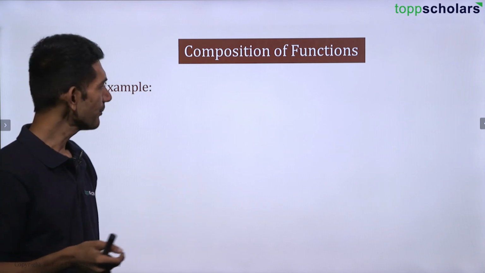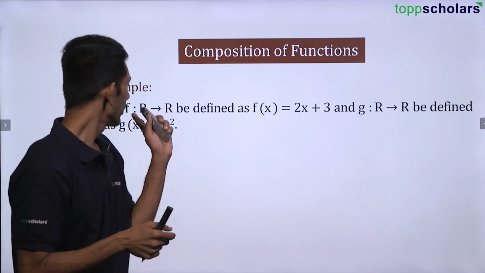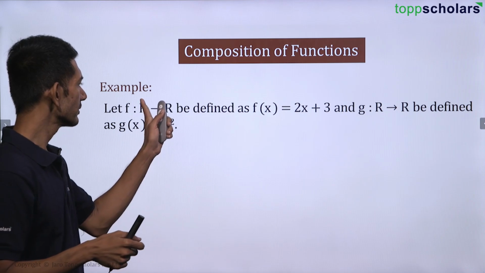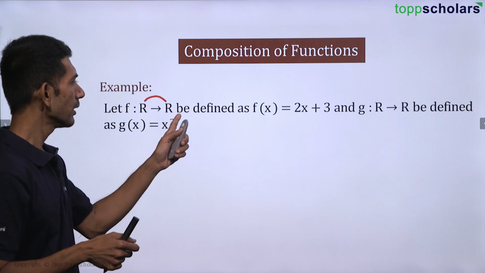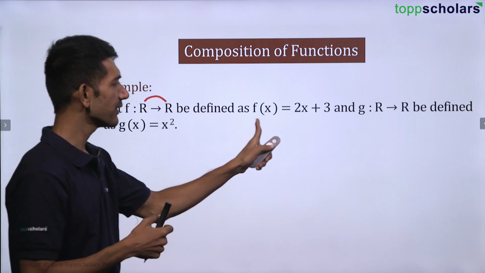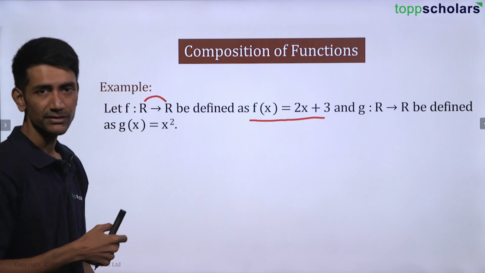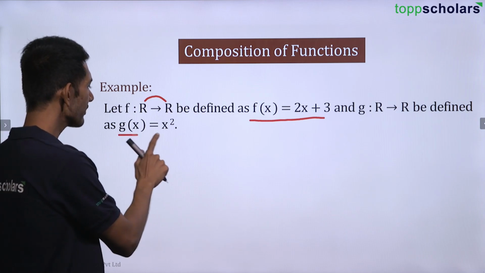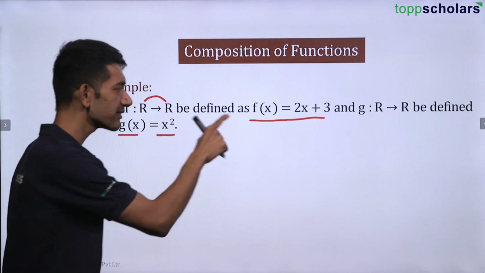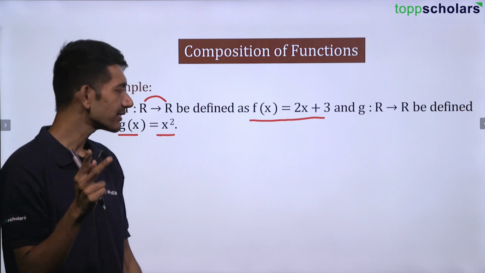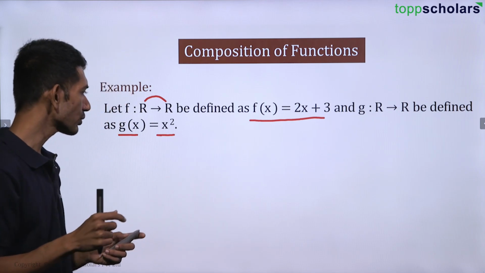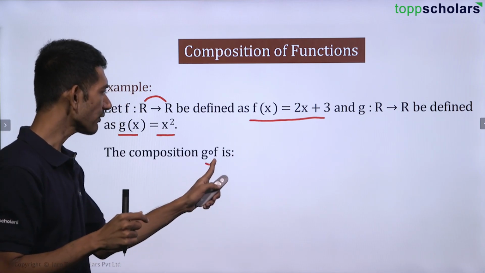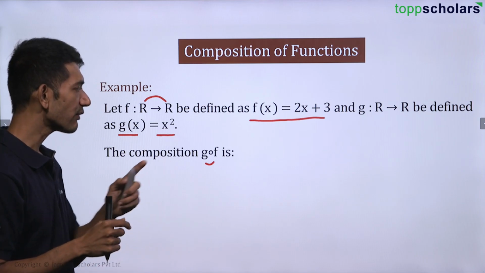So here is an example. f is a function defined on set R and f of x is given to us, that is 2x plus 3. g is a function from R to R defined by g of x is x square. So f of x is given, g of x is given. We are supposed to find out g of f of x.